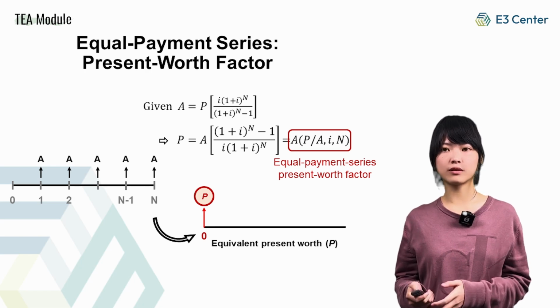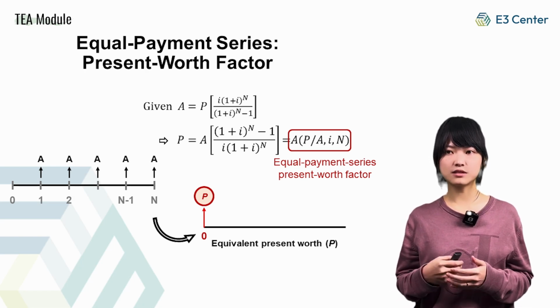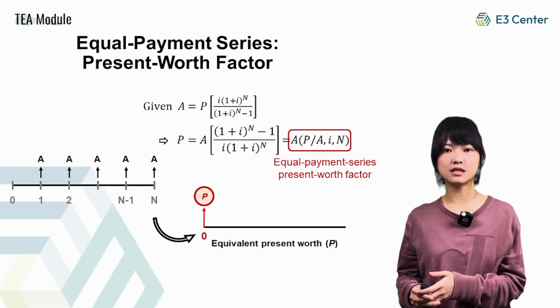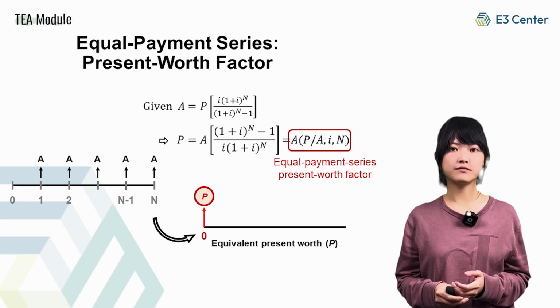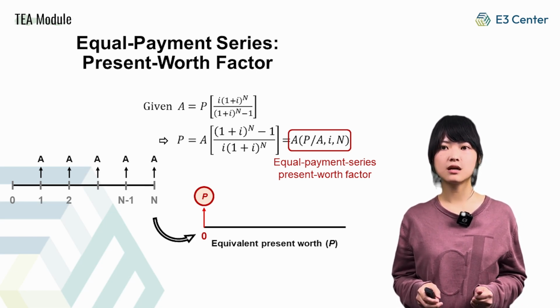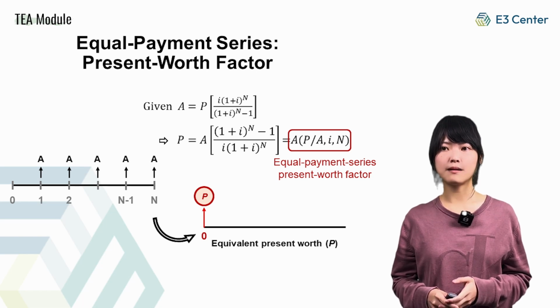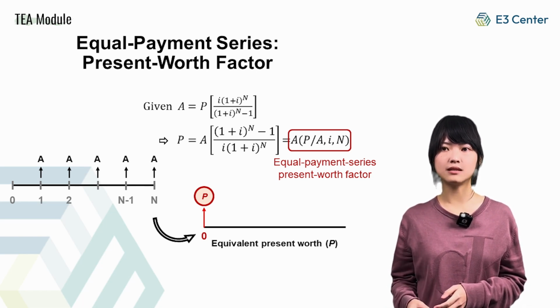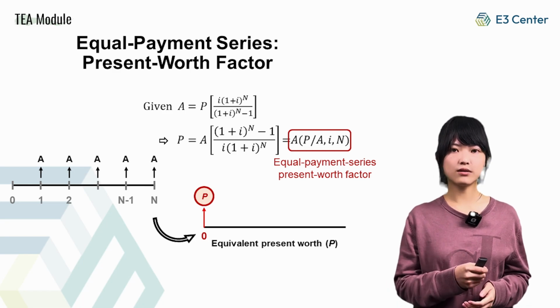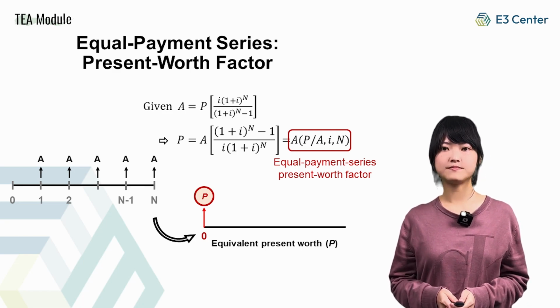Finally, the present worth factor is about determining the present value of a series of future payments. This factor is crucial for valuing long-term projects or cash flows, comparing the present value of future consistent payments against a single lump sum value today.